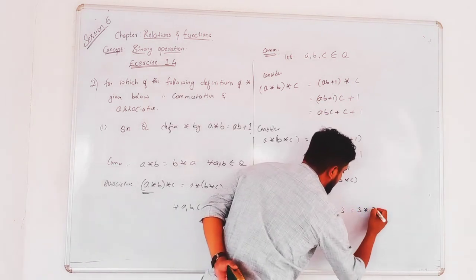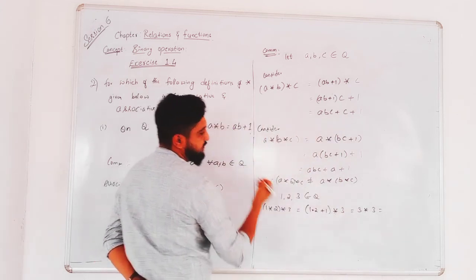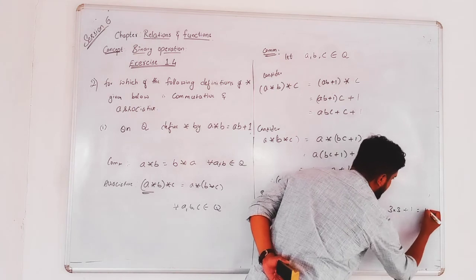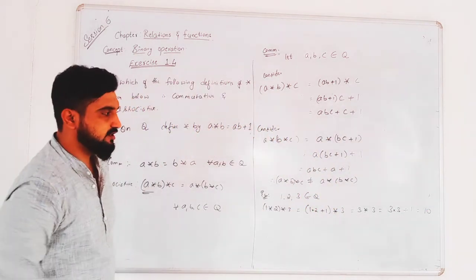So this is 3 star 3. So 3 star 3 is 3 into 3 plus 1.